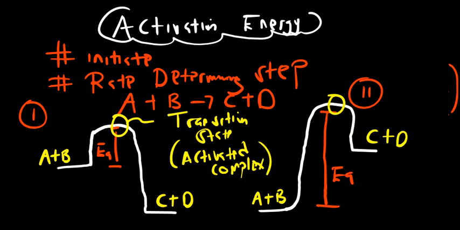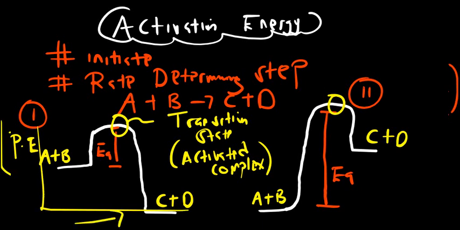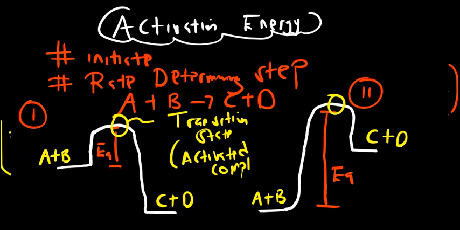So now these reactions that we have, what can we conclude about them? Let's say this is the potential energy, this is the energy profile, this side is the reaction progress, and this is the energy that you have.